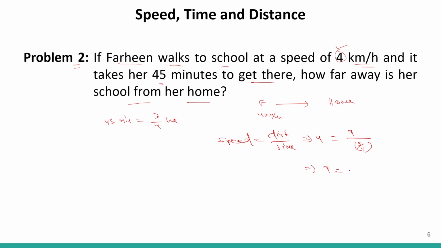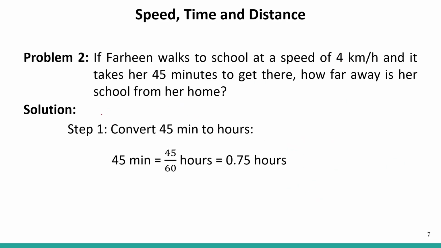So x is equal to 4 into 3 by 4, which is 3. So x is equal to 3 kilometers. The distance between Fareen's school and home is 3 kilometers only. Let's go forward and see the step-by-step solution.